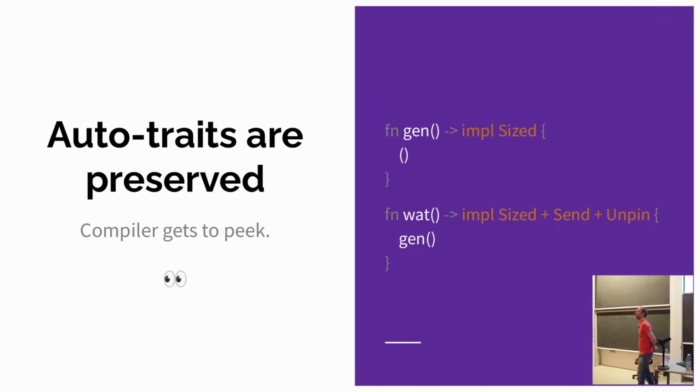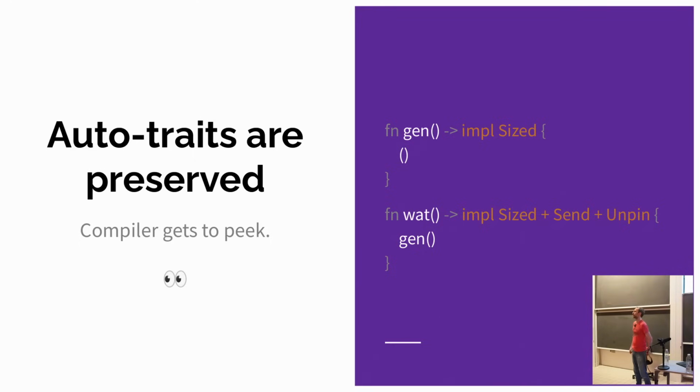So the rule for auto traits is that if you have a return position impl Trait that propagates a hidden type, it will also propagate auto traits for that hidden type, even though they're not named in the opaque type. So basically this one here says impl Sized, but the compiler gets to know that it means impl Sized plus Send plus Sync.